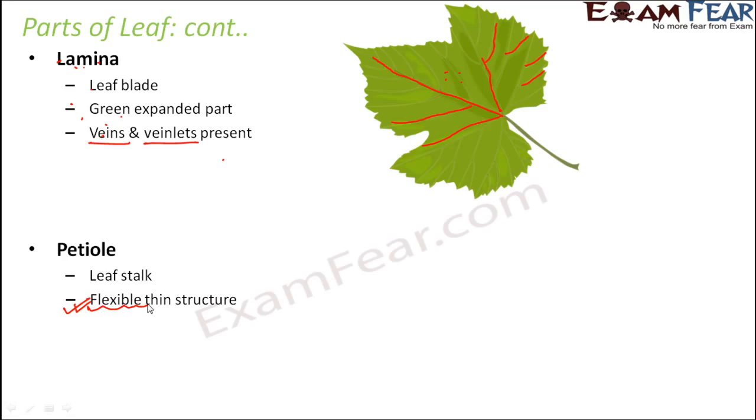So we need to take care that the lamina is always in the correct orientation to light, so that the chlorophyll and the sunlight can react with each other, so that photosynthesis can take place. So petiole performs another important role in keeping the lamina at the correct orientation towards light, so that photosynthesis can happen.